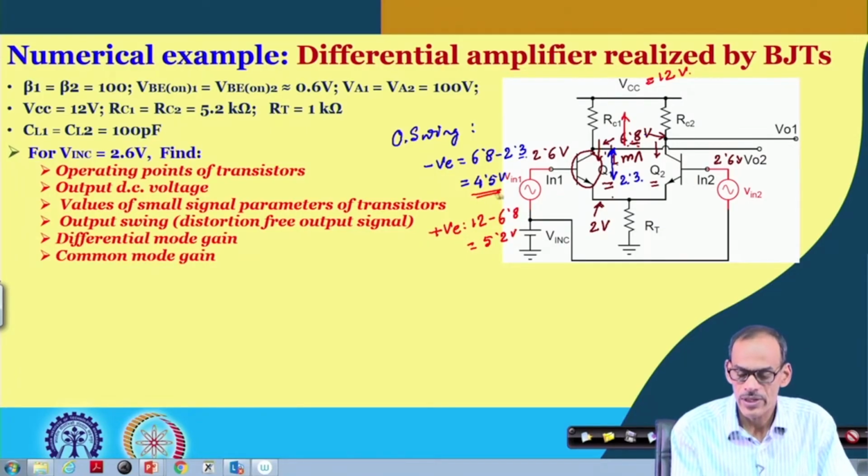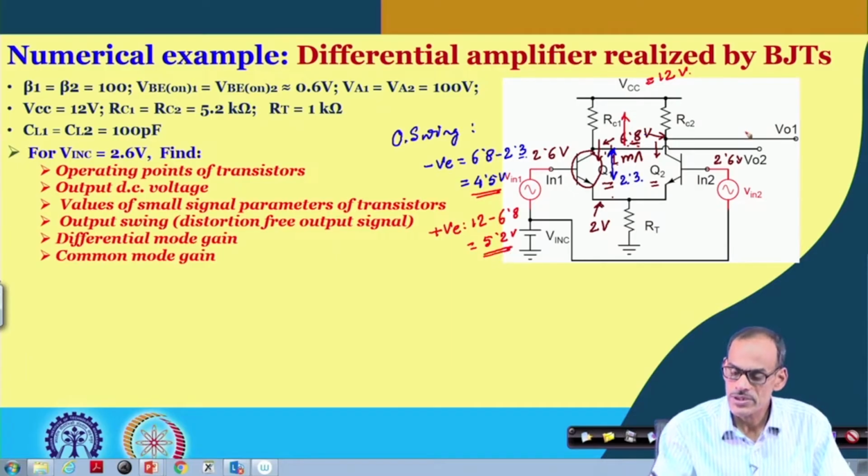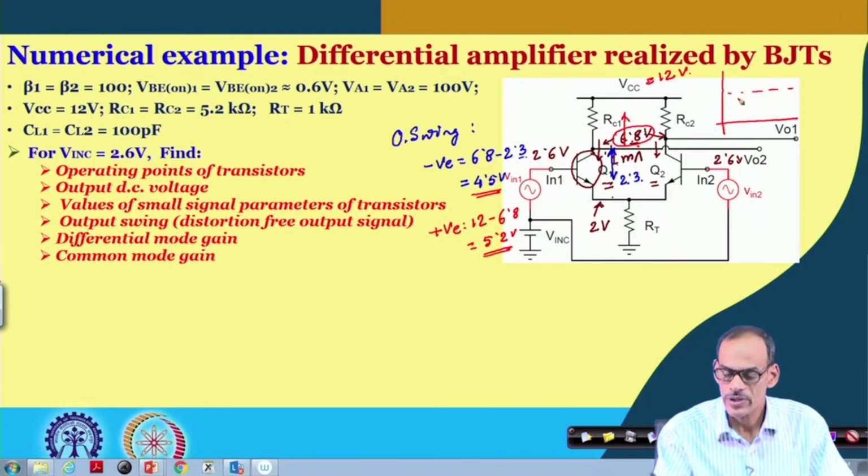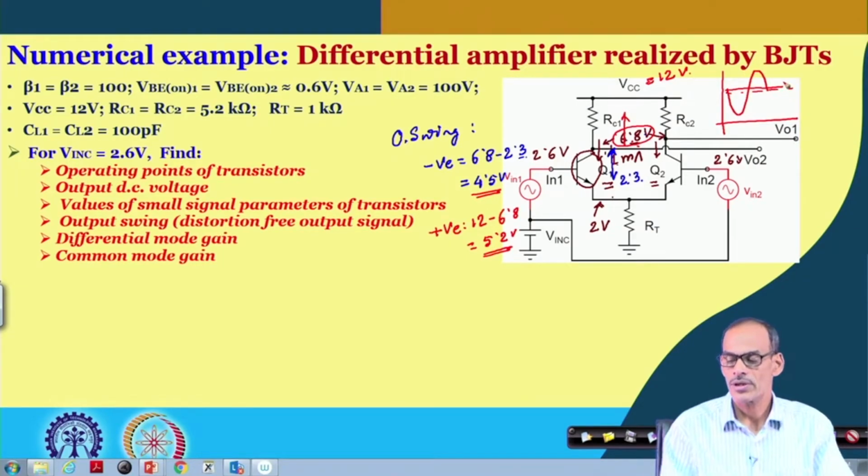So, we do have fairly good swing. Which means that over whatever DC voltage we do have, we can have very nice signal swing. So, the circuit operating point is very good.